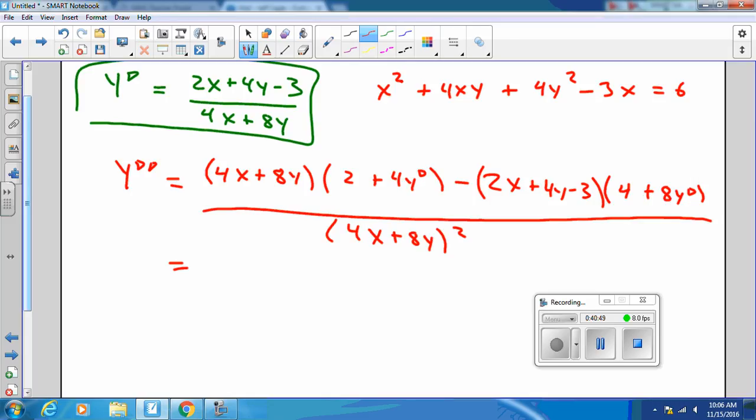So we need to go back and find that value for y. Here's our original relation, and we know that x is equal to negative 1.25. This is fairly detailed analysis, is it not?